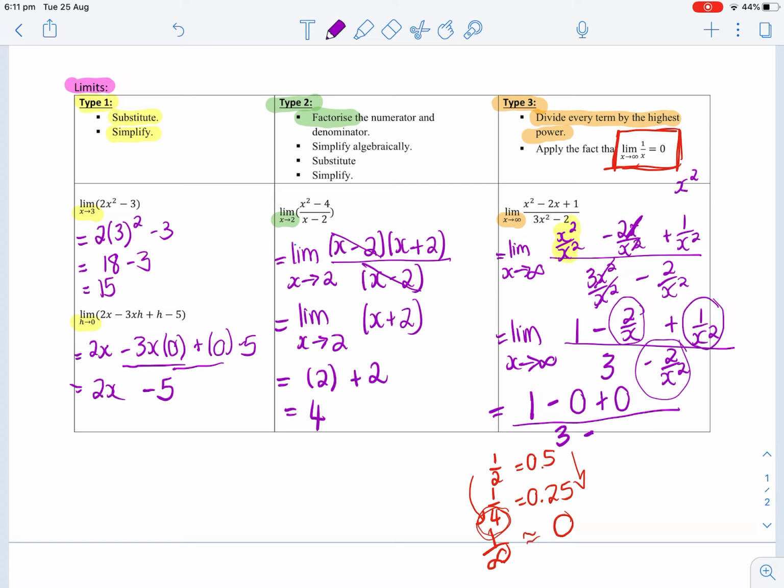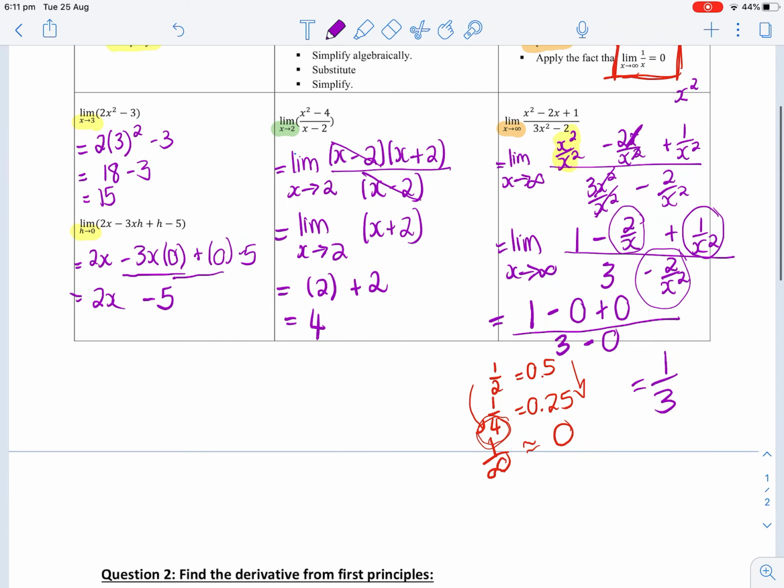Negative 2 over x squared, if x approaches infinity, x squared will definitely approach infinity and the fraction will approach 0. And voila, simplifies to 1 over 3. So there's the 3 different methods we use for limits. Know when to use each one, and then how to simplify that.